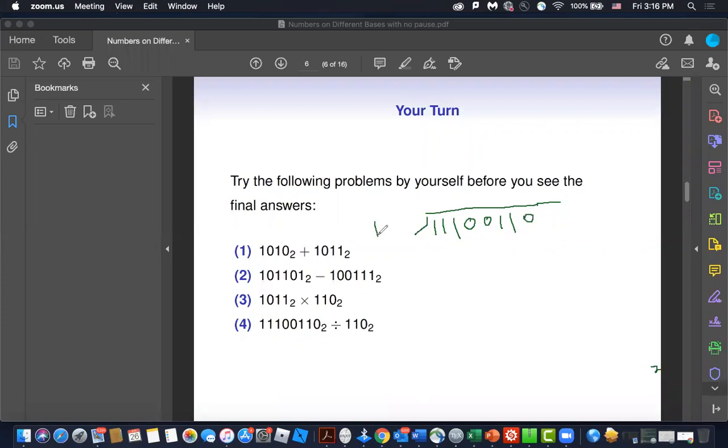Let's see, 1, 1, 0. Let's start from the left. Doing division, we start from the left.